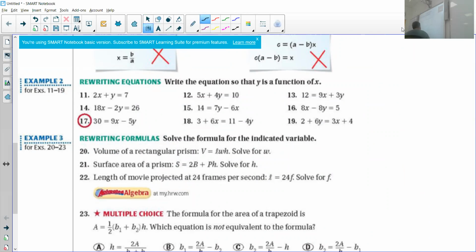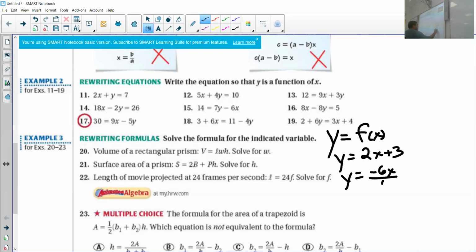Y is equal to a function of x, so something's happening to x, like 2x plus 3, or negative 6x divided by 5 plus 11. That's, in other words, to say solve for y.